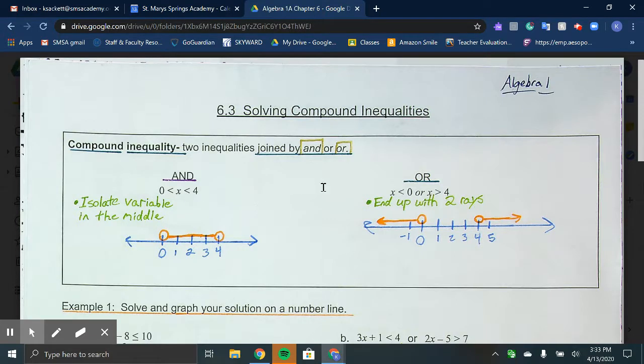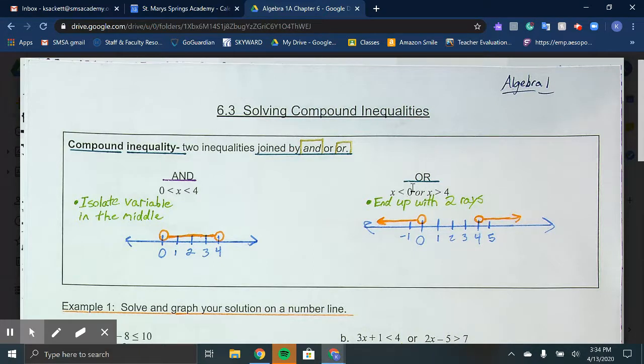The other type of compound inequality is an or. That would be, for example, x is less than 0 or x is greater than 4. In any or statement, we end up with two rays, or two arrows, for the answer. When graphing the or statement, we just graph them separately.